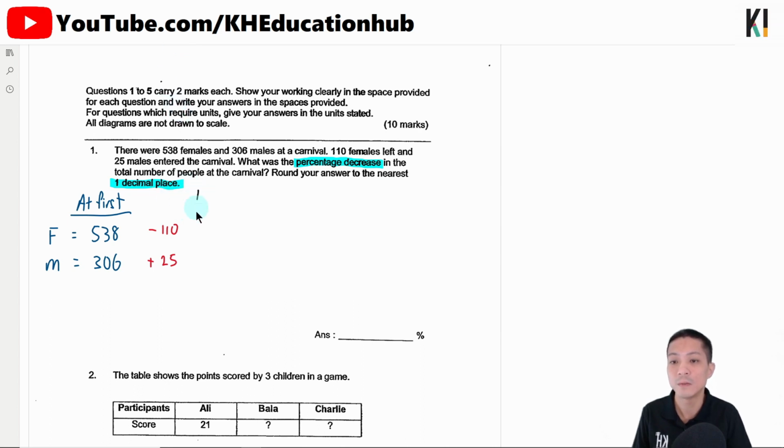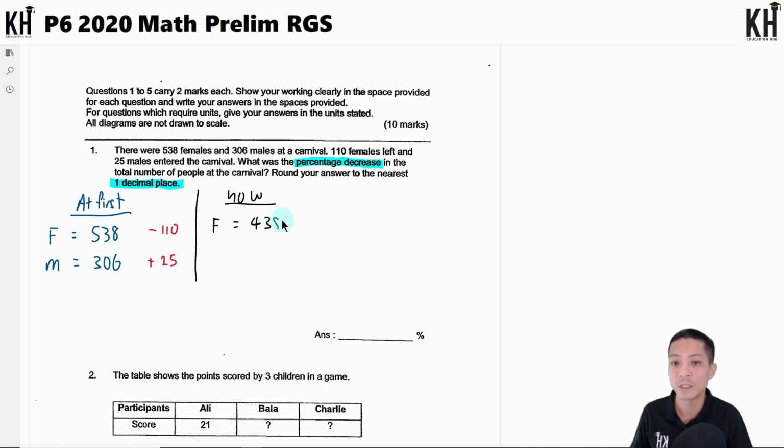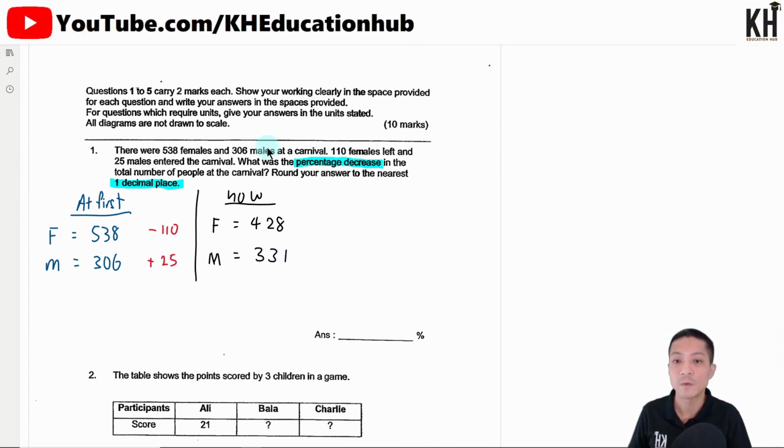So now the female is going to be 438. Oh, sorry, 428. Okay, and then the male will be 331, your 306 plus 25. Okay. So they are asking for what was the percentage decrease, right? Okay, let's write down the total first.